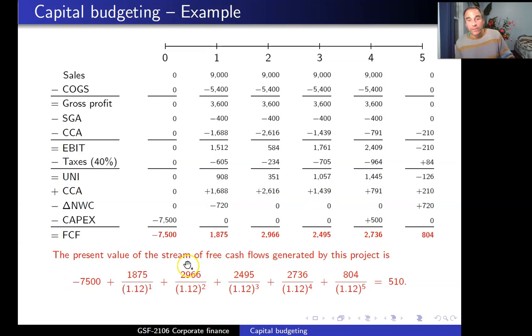The present value of the stream of free cash flows generated by this project is then given by minus $7,500 plus 1,875 discounted over 1 year plus 2,966 discounted over 2 years plus 2,495 discounted over 3 years, and so on. So we obtain a net present value of $500.